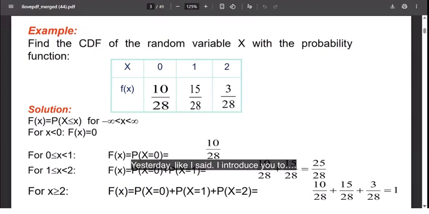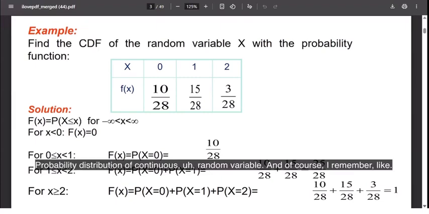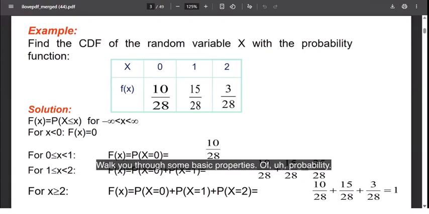Now, yesterday, like I said, I introduced you to probability distribution of continuous random variable. And of course, I remember I walked you through some basic properties of probability density function. So I'm actually going to kickstart today looking into an example on how we can compute the CDF from a given probability distribution.